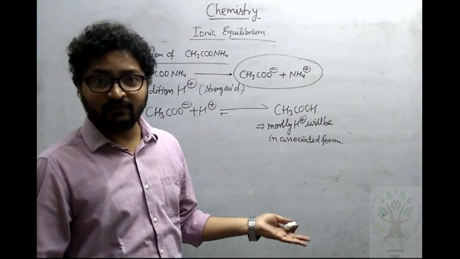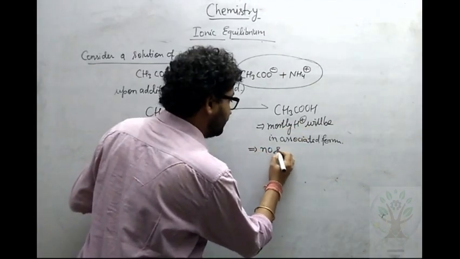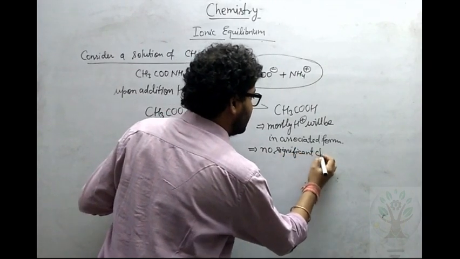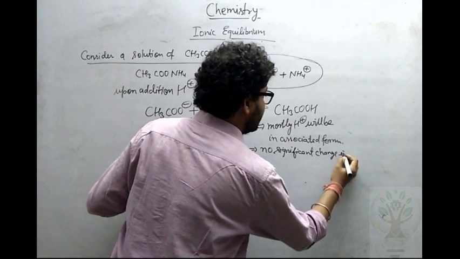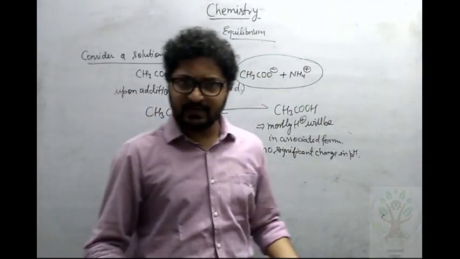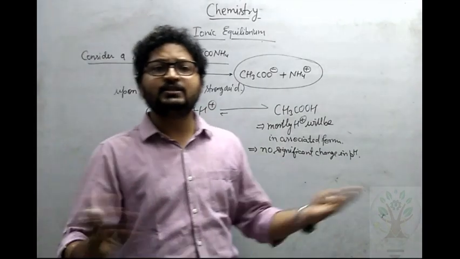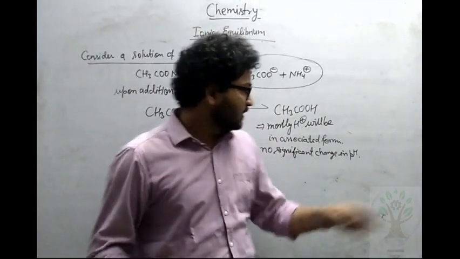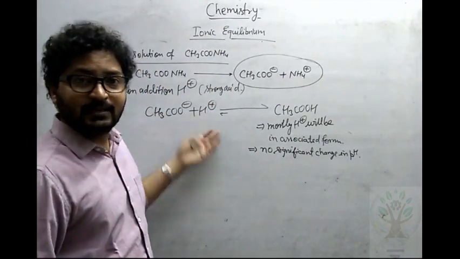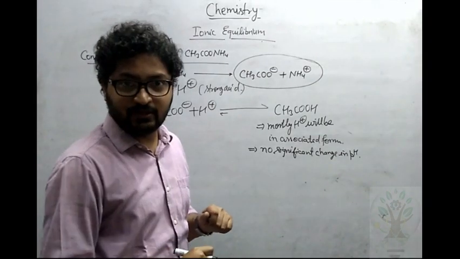No, H plus is not free. It is now in combined form. That means no significant change in pH, because pH is changed by H plus or OH minus. Now H plus is not free. Whatever H plus you added, that H plus is consumed by CH3COO minus. So no significant change in pH. So you added H plus and that is wasted. Getting this thing? This is called resisting change in pH.